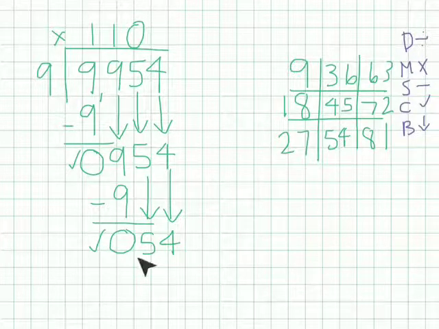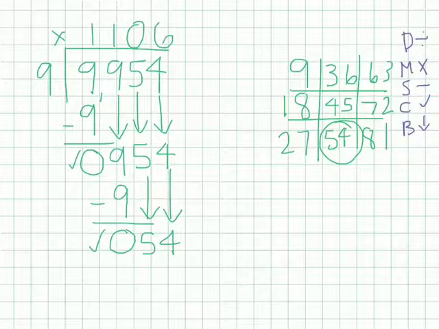Now I need to look for a number that I can divide 54 into 9 groups, and how many would be in each group. So I look over in my tic-tac-toe, and there is a perfect 54 over here, and I know that's in the 6th box. So that means I can divide 54 into 9 groups 6 times.